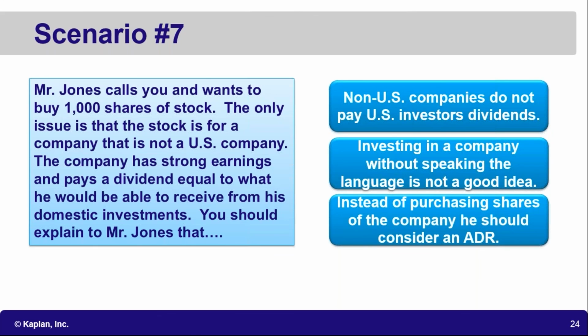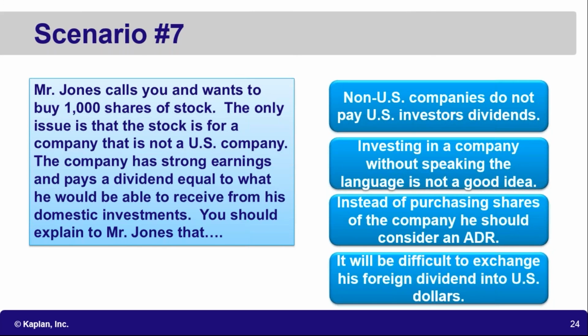Instead of purchasing shares of the company, he should consider an ADR instead. Again, ADRs are easy to buy and sell. It's much more difficult to buy and sell a physical stock of a company from another country. The ADR is a much more liquid way to do it, a much more efficient way to do it. And the last one says it will be difficult to exchange his foreign dividend into US dollars.